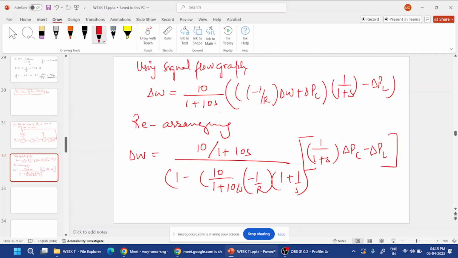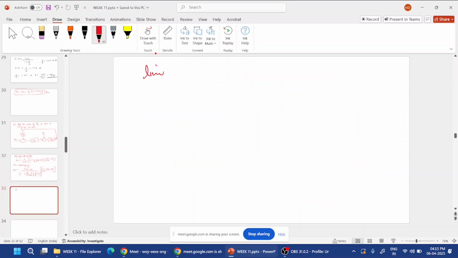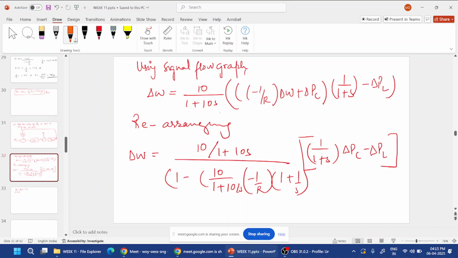Now in this question we have to find the value of del PC when del W is 0. So similarly we will use S tends to 0, del W equal to 0. If we put that, S becomes 0, so this term is gone, this term gone, this term gone.